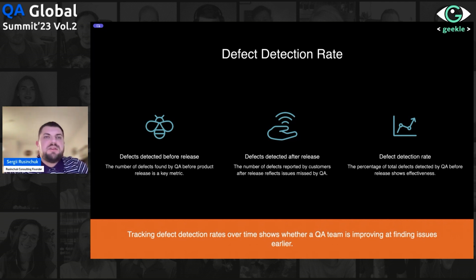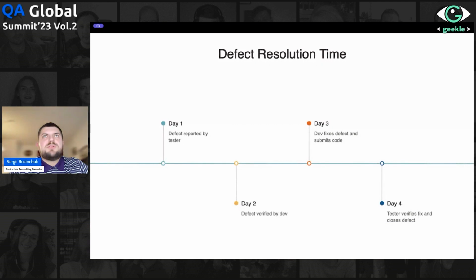Tracking defect detection rates over time shows whether a QA team is improving at finding issues earlier, as I said before.